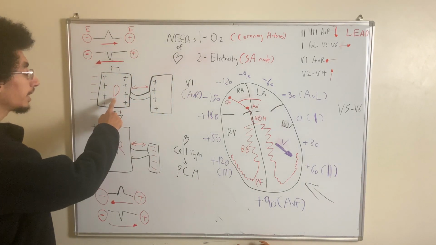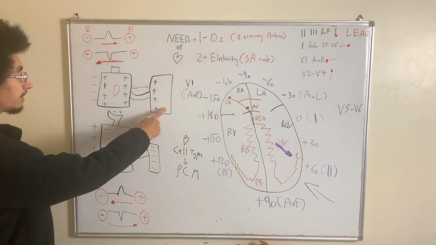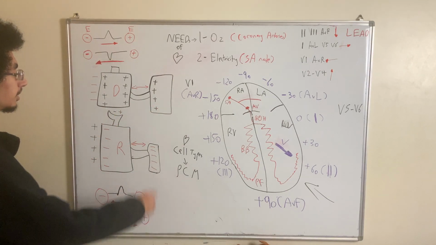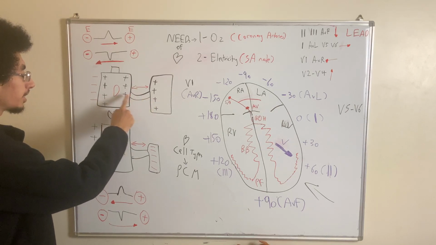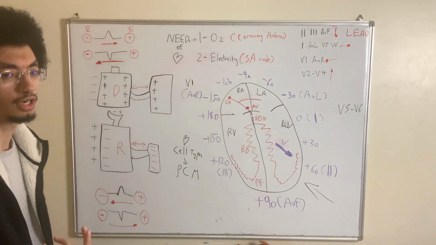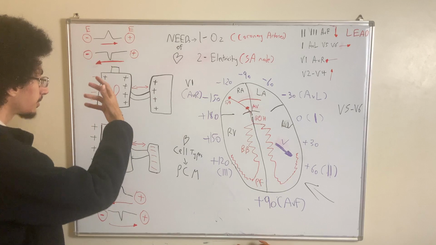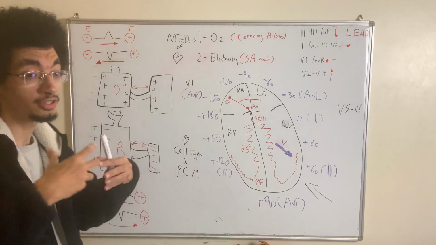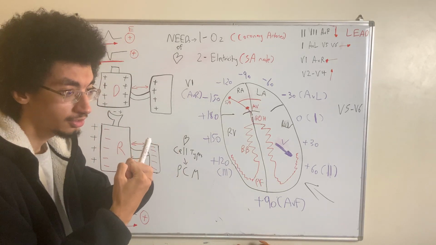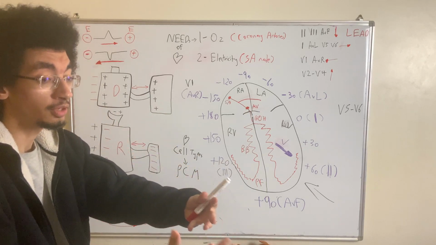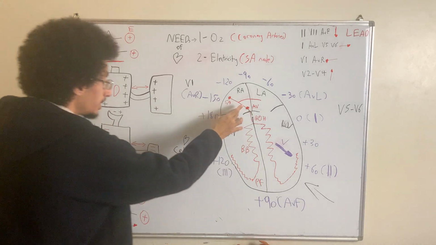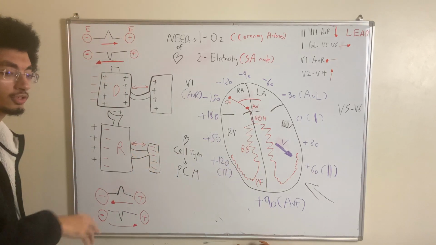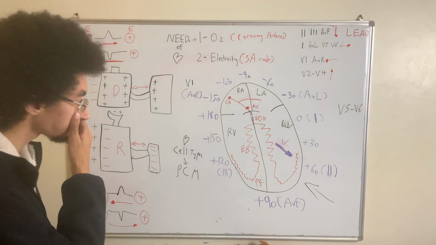So here we have one cell and we have another cell next to it, okay? Let's assume these two cells are your myocardial cells. These are the types of cells that when they are depolarized, they contract. When they repolarize, they relax. The cells that make up the right atrium, the left atrium, the ventricles, all the chambers of the heart, okay?